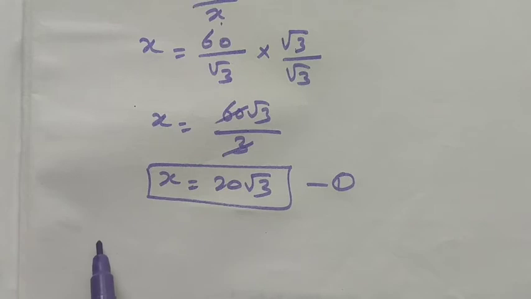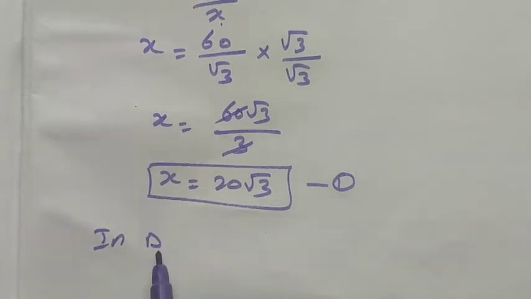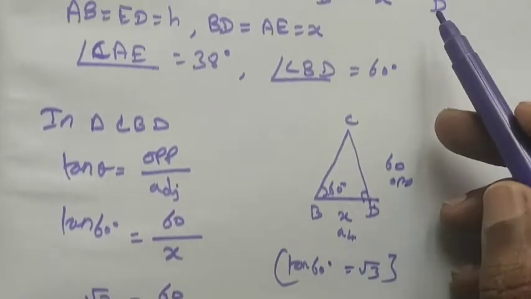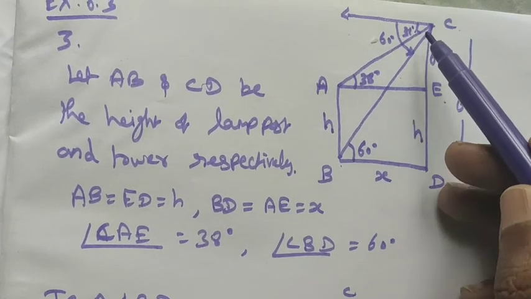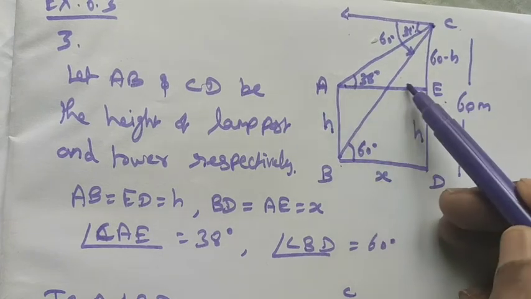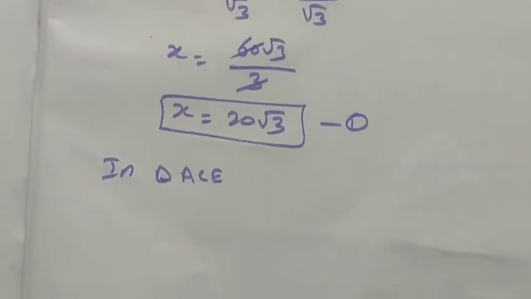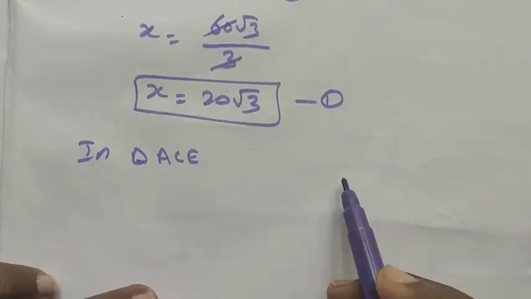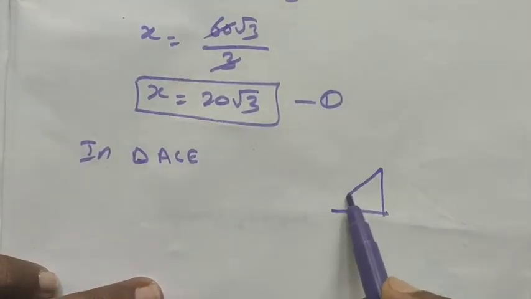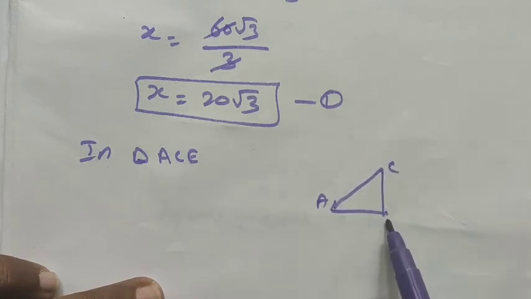Next we take the other triangle, the smaller one, triangle ACE. I draw the triangle ACE separately.